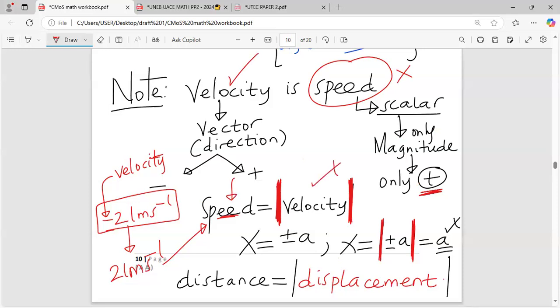Scalar quantities and vector quantities share magnitude, but they don't share direction. Hope that makes sense.